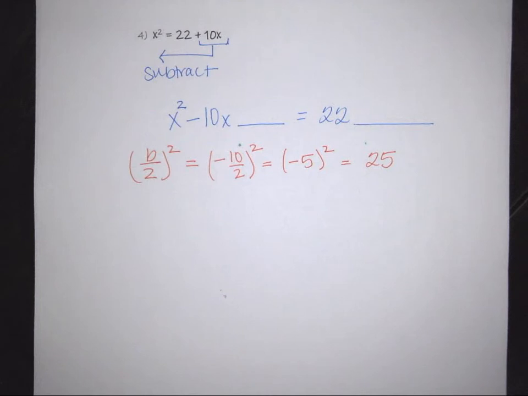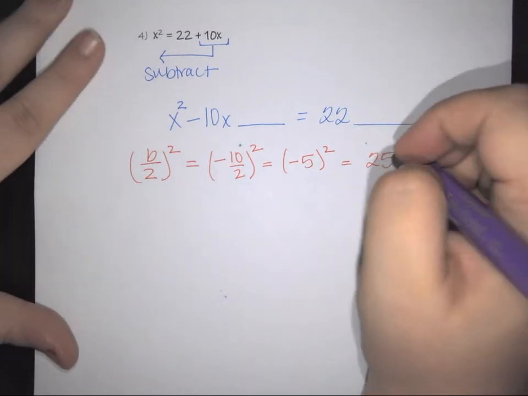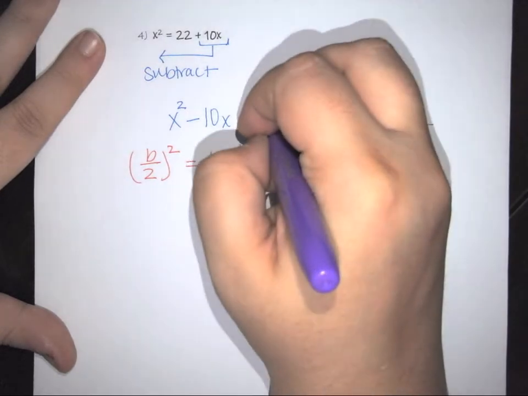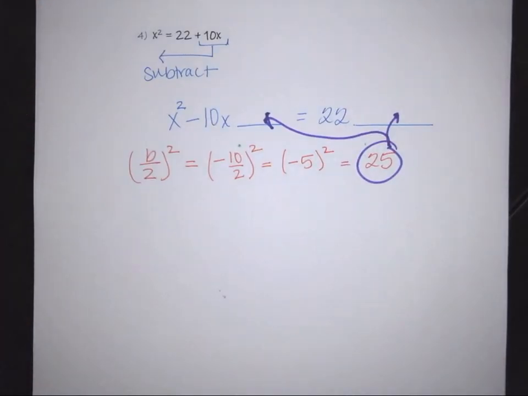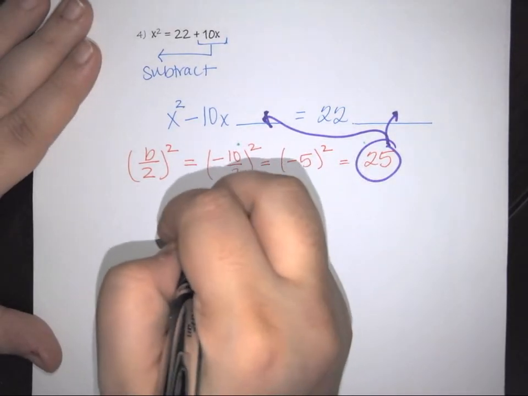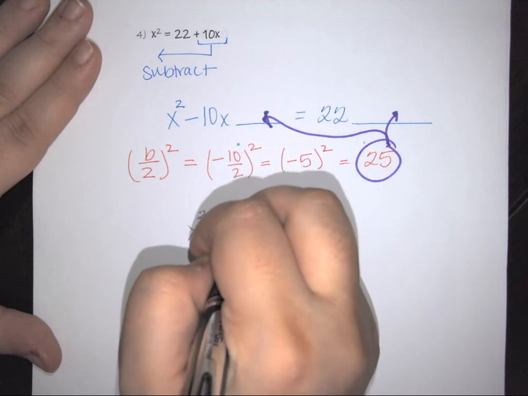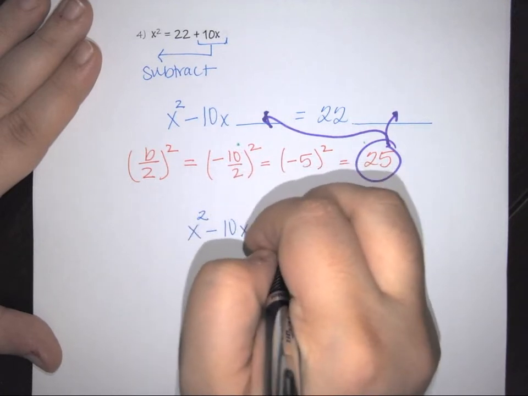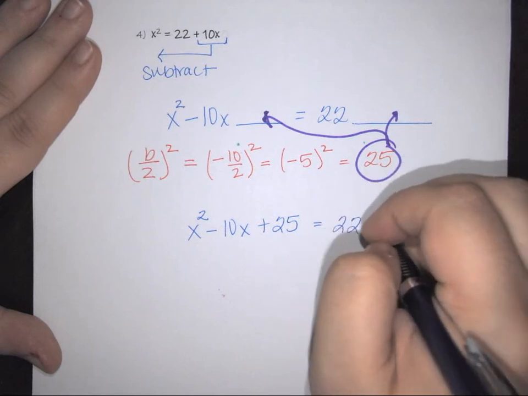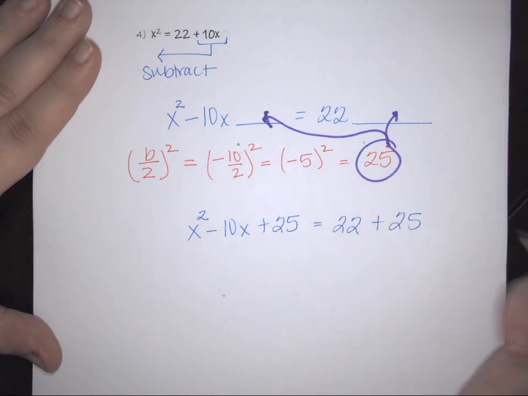Now that I have set up, my 25 is going to come up to this one and up to this one, which means the negative 5 is going to move. So here I've got x squared minus 10x plus 25 is equal to 22 plus 25.